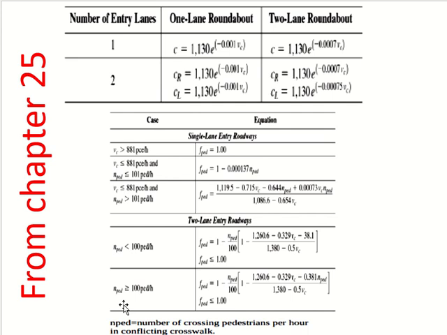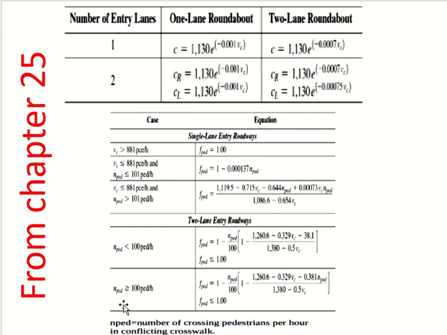VC is volume on the roundabout. Clear? What is volume on the roundabout? The one which is going around the roundabout, the one which will pass in front of you. So that is VC. Now, you will select the equation according to your case. You will put the value of VC, you will get capacity.